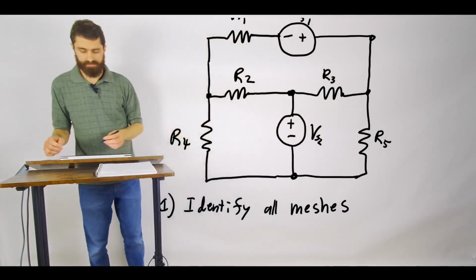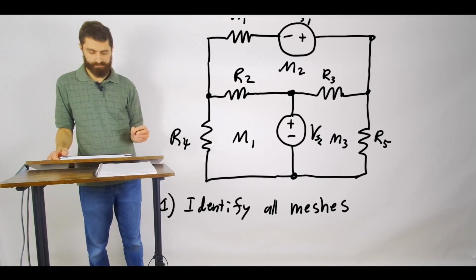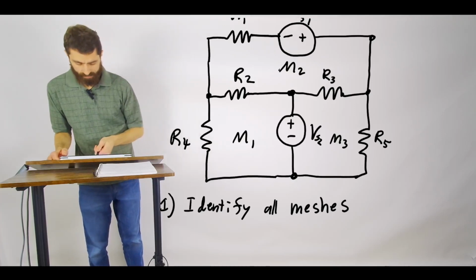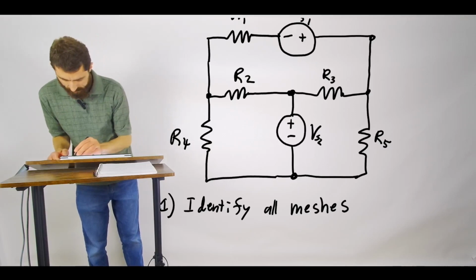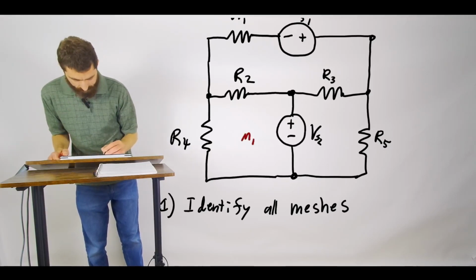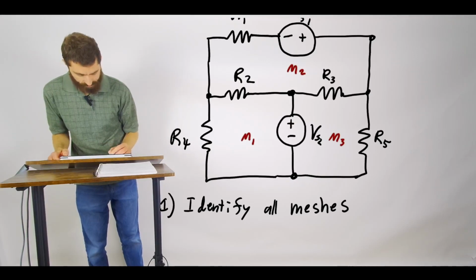And we'll go ahead and label them. Let's say this is mesh 1, this is mesh 2, this is mesh 3. Actually, let me do that in a different color so it stands out. Mesh 1, mesh 2, mesh 3.